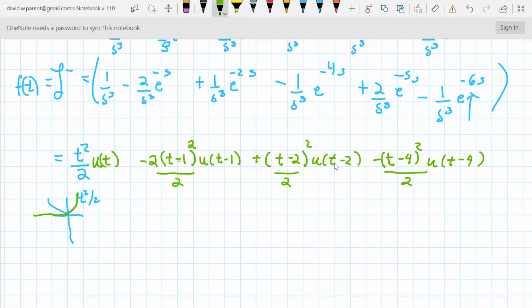And I've run out of room. So then I have plus 2t minus 5 squared divided by 2 u t minus 5, minus t minus 6.